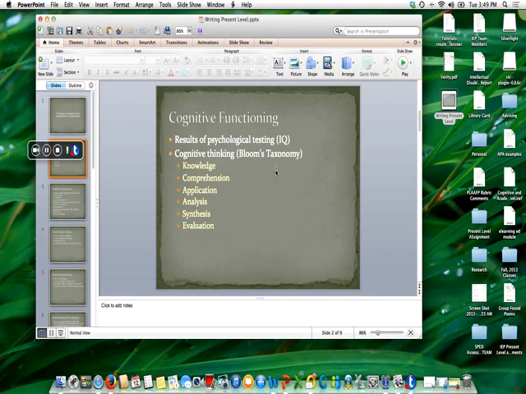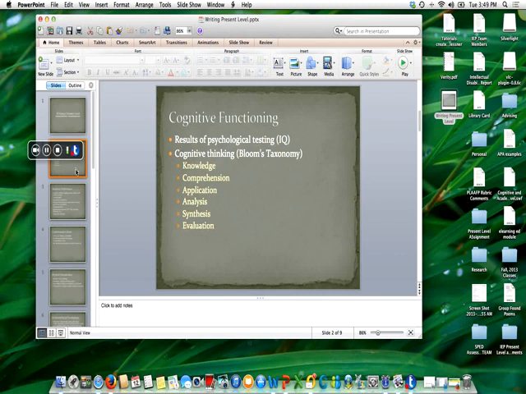The gym teacher usually has a copy, the librarian, the music teacher, the Spanish teacher, all the people working with that child should have a copy of the IEP, so that we're all thinking about the child in the same terms and abilities and where the child's at right now. But we all don't need to know the child's IQ score. So that's one thing that I would not put in there, but I would name the test.